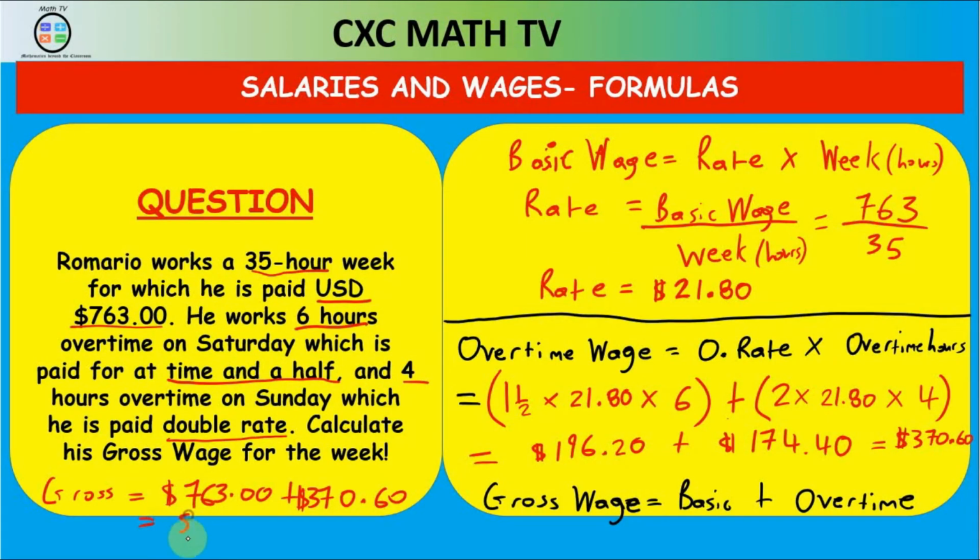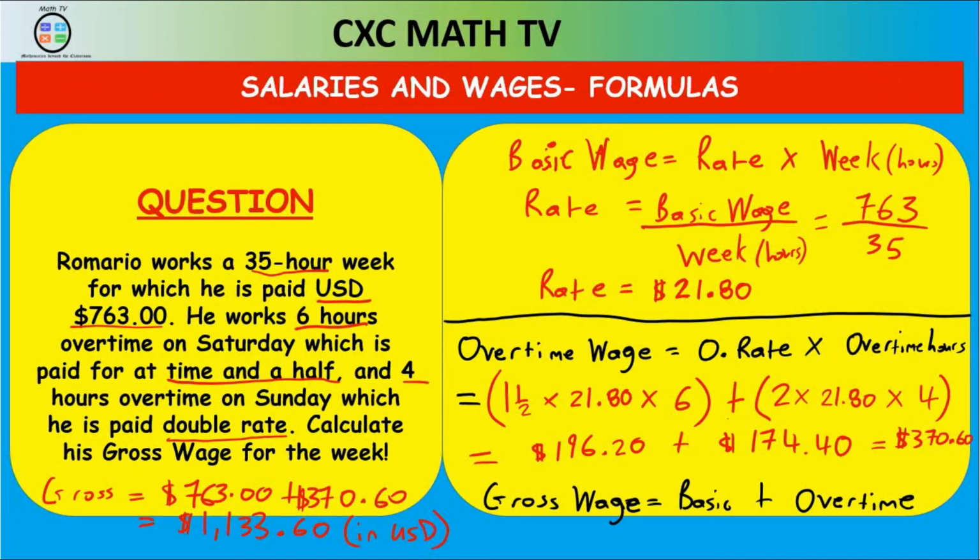So adding them, 763 plus 370.60, Romario actually earned $1,133.60 in USD. Alright? So that's how much Romario earned for that particular week.